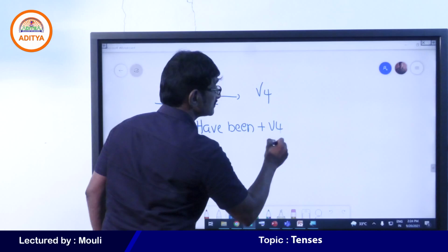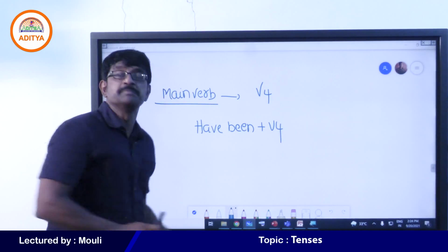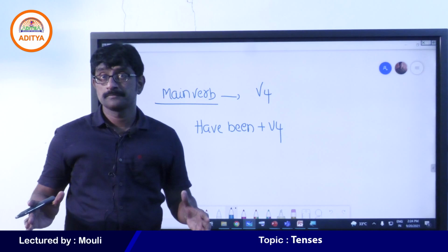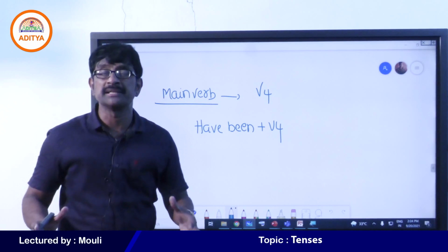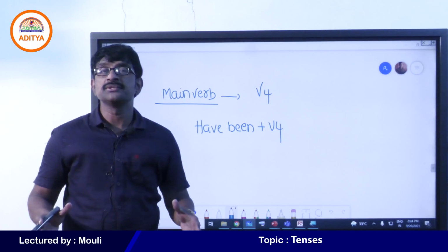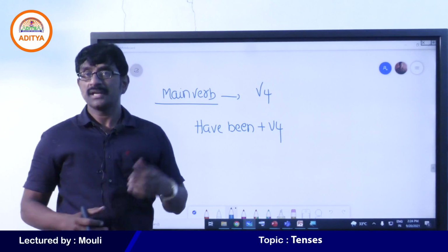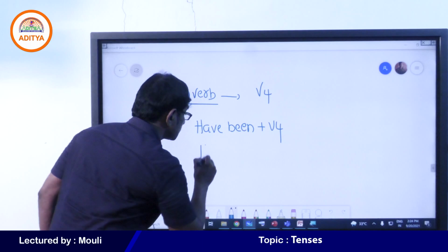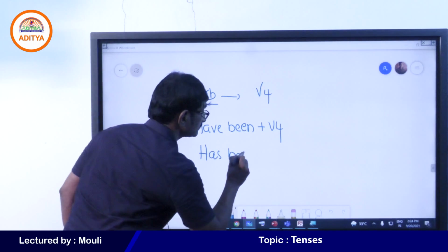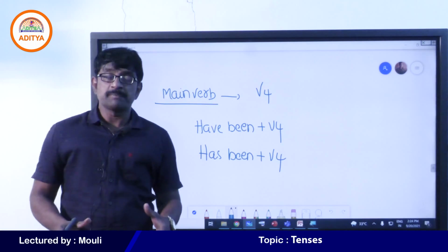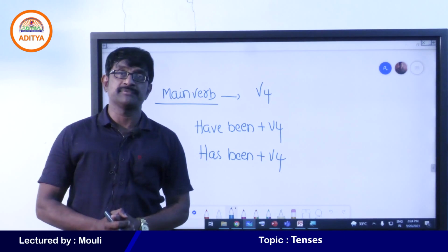Without been, you cannot write this sentence. It becomes an impossibility for us to make a sentence without including been there. Have been plus V4 and has been plus V4.